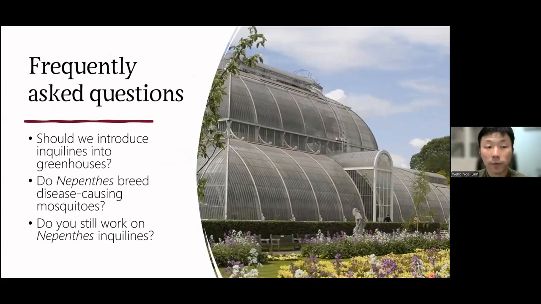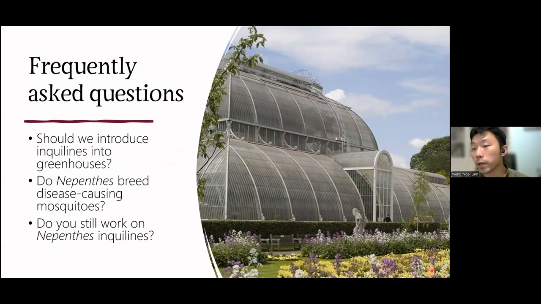Let me answer some final frequently asked questions before I end. Should we introduce inquilines to greenhouses? This has been asked a number of times before. Given the fact that inquilines are such an integral part of Nepenthes ecology, shouldn't we reintroduce them? I would say better not to. I can foresee many other problems that could come of this. Outside of their home range, I would strongly discourage doing so.